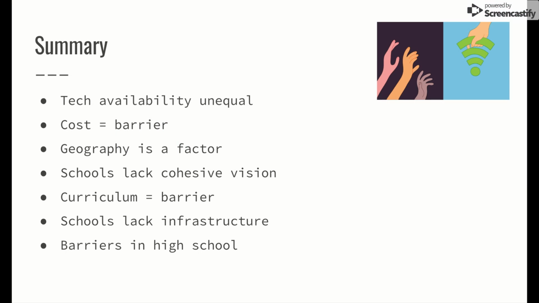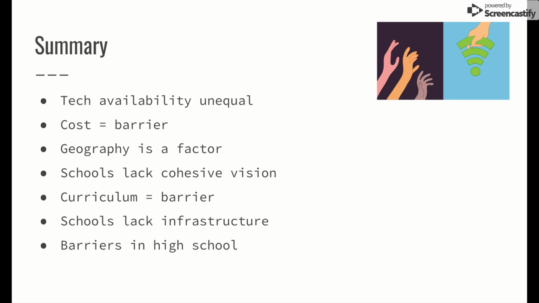In summary of all of the articles for this week and for this module, here are some things that I learned. Tech availability is unequal. Not everyone has the same amount of access to technology. That kind of depends on your socioeconomic status because cost is a barrier.